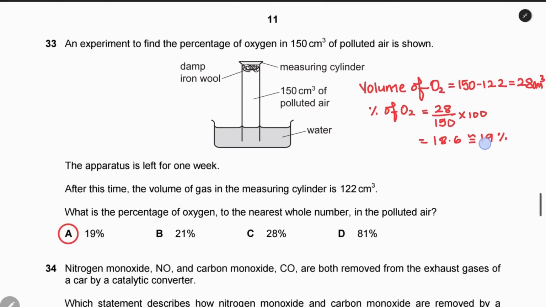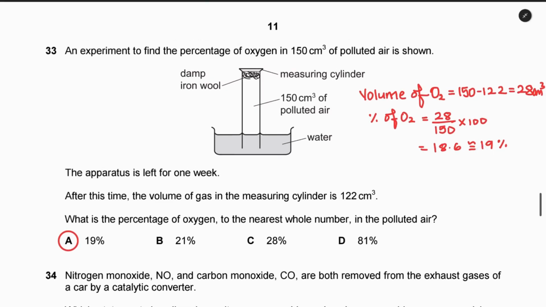Next question, 33. An experiment to find the percentage of oxygen in 150 cm cube of polluted air is shown. The apparatus is left for 1 week. So this is damp iron wool and a measuring cylinder which is inverted, and there is polluted air. After this time, the volume of gas in the measuring cylinder is 122 cm cube. So first we will find out how much gas has been used up: 150 minus 122. Why 150?